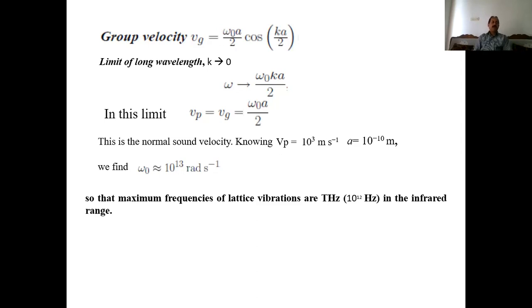So this is actually today's discussion. Today we first discussed what we mean by lattice dynamics or lattice vibration. We explained that lattice vibration is the periodic array of atoms in the lattice.